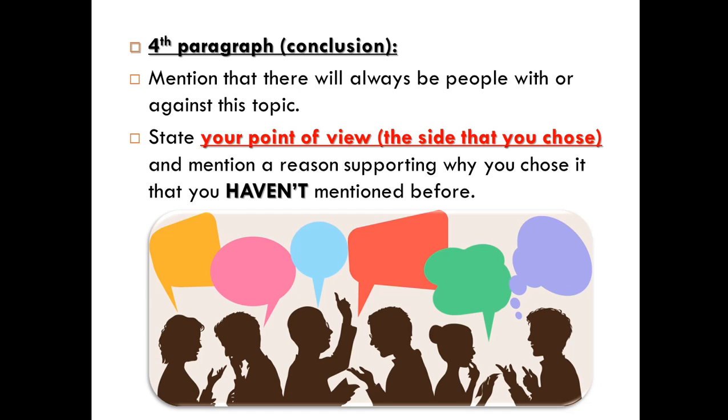In my opinion, and you say in my opinion here, you state your point of view. If I am with drinking fizzy drinks, I'm going to say, in my opinion, I think drinking fizzy drinks is a good thing, and I give a reason that I haven't mentioned before in my essay, in the second and the third paragraph. I give my own reason, a reason that I haven't mentioned before.